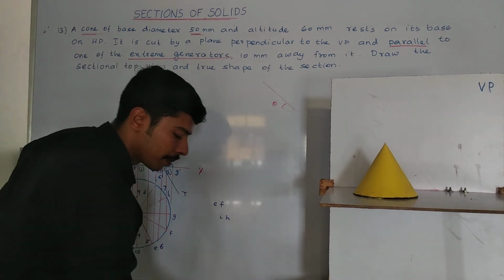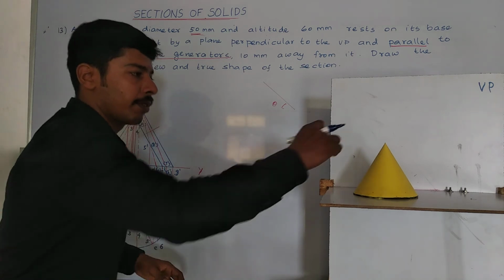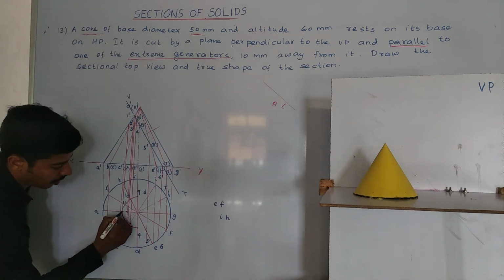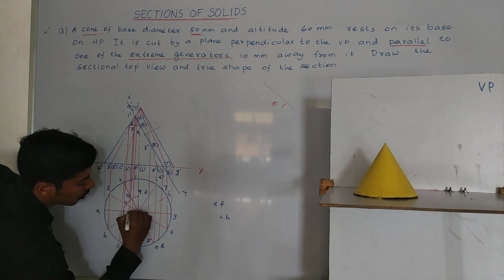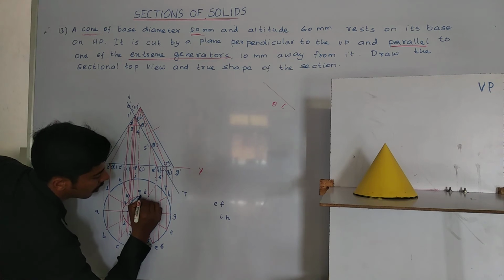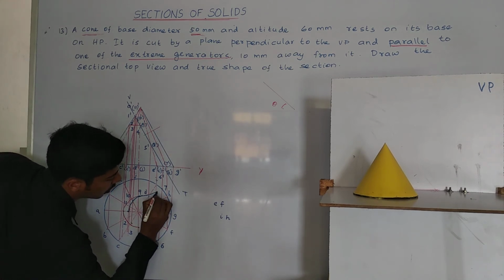So now we can connect. So here when sectioning a cone, a curve section will be there. Curve section. So here 1, 2, join these section points with a smooth curve.